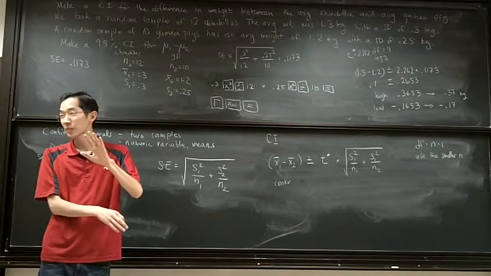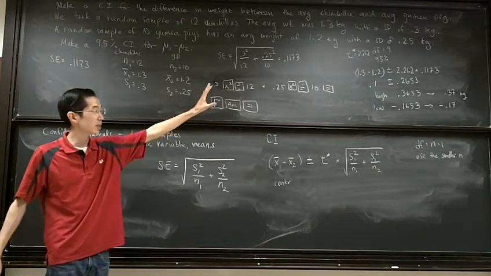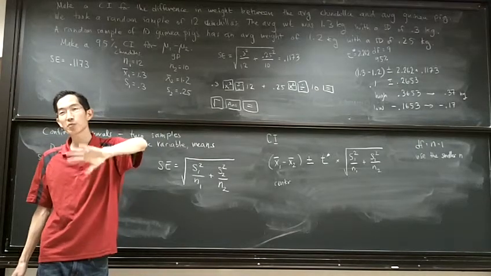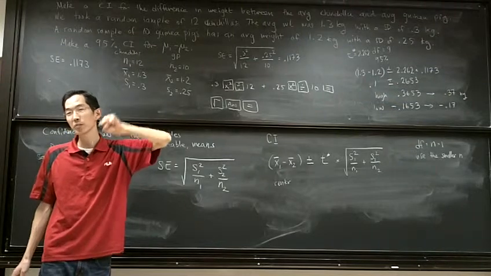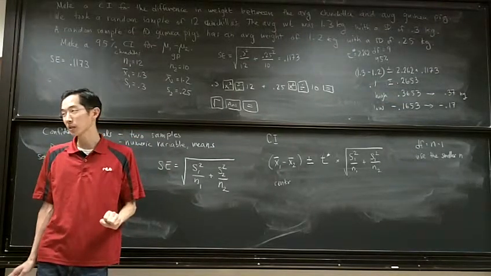Does that make sense? Yes. I will write it on the board, okay? But I'm saying I'm 95% confident that the average chinchilla is between basically 0.37 kilograms more and 0.17 kilograms less than the average guinea pig.